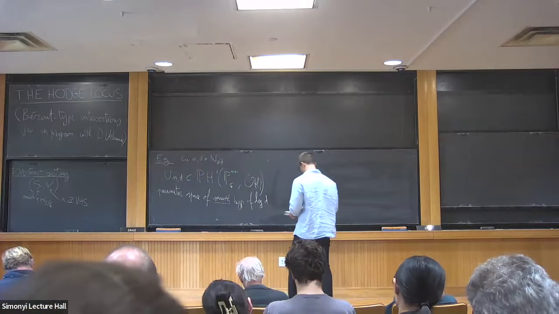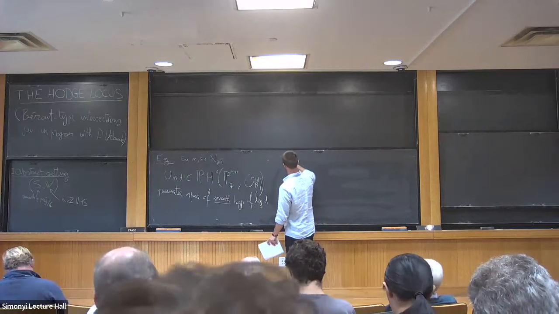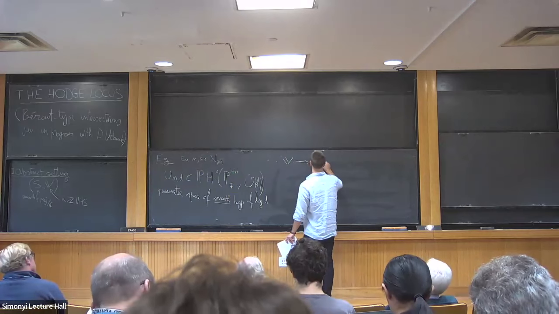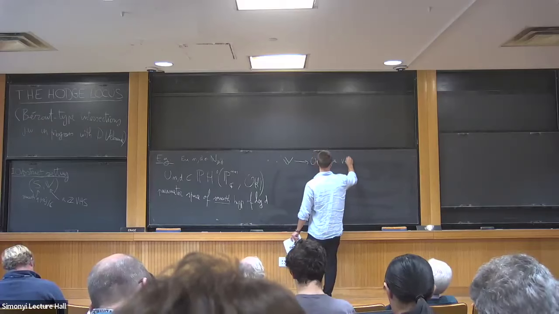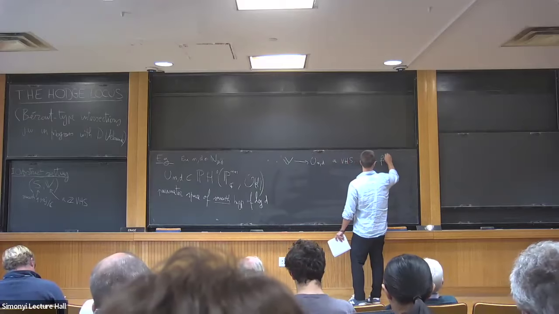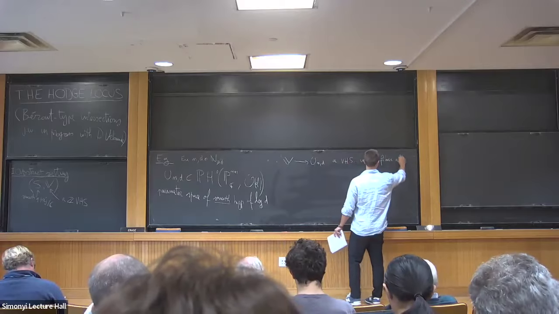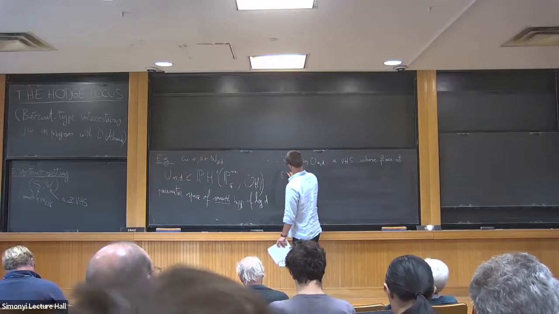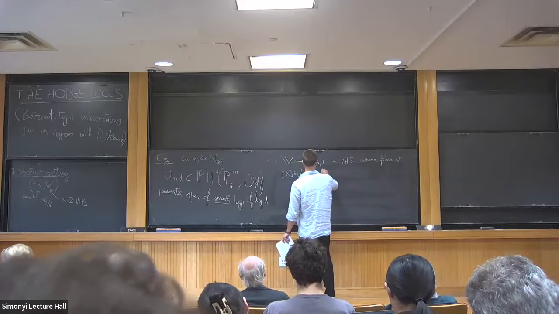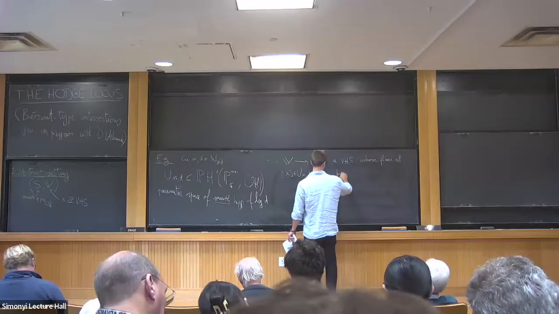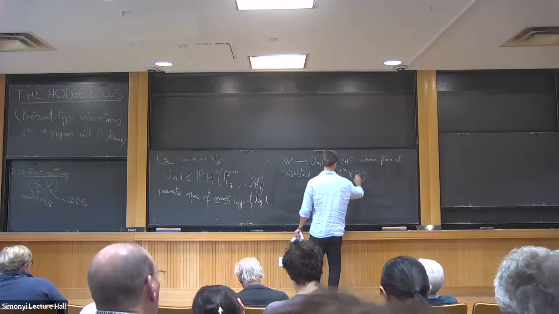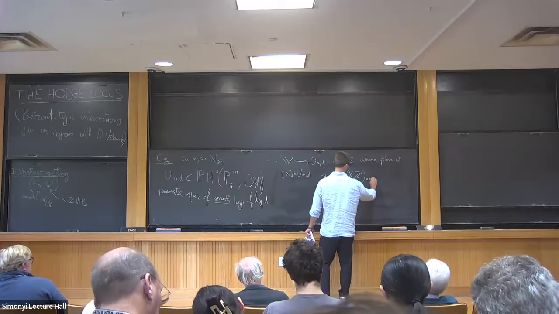Over this space, we have a variation of Hodge structure, a VHS V over U_{n,d}, whose fiber at the point of our hypersurface X in U_{n,d} is simply the H_n(X, Z), and I take primitive homology.